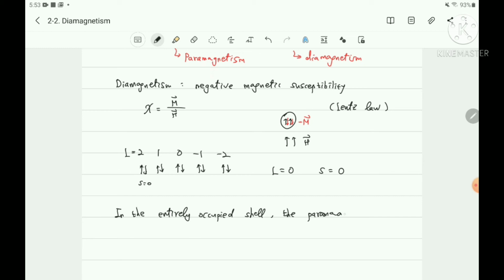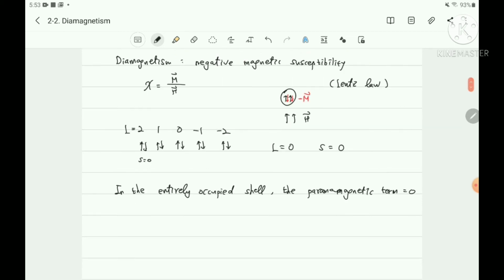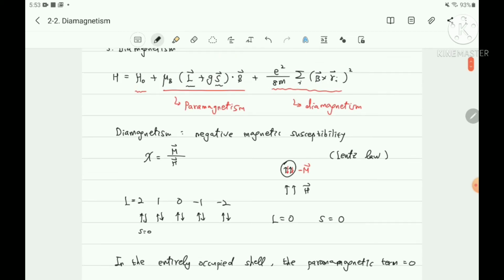The paramagnetic term equals 0. Therefore, only the diamagnetic term should be employed.